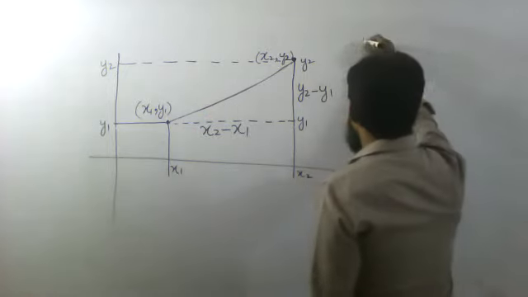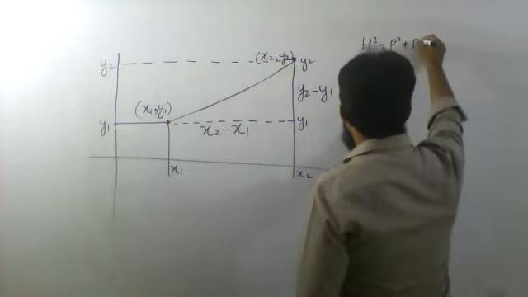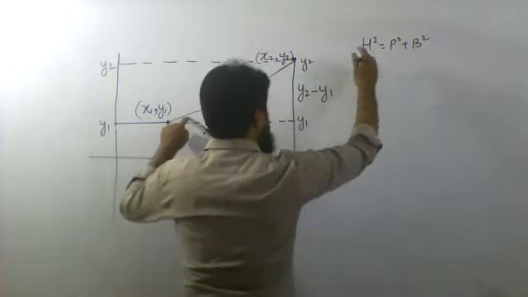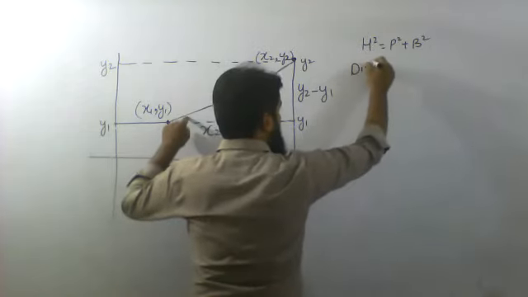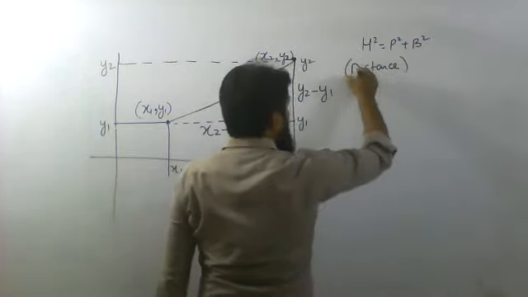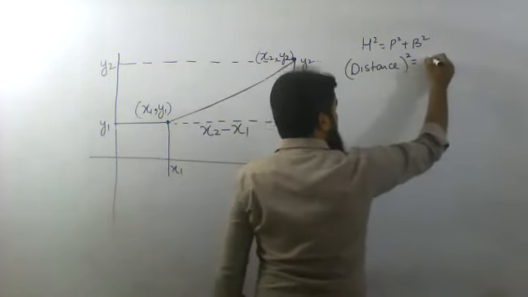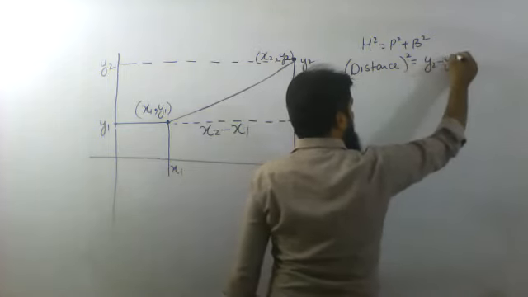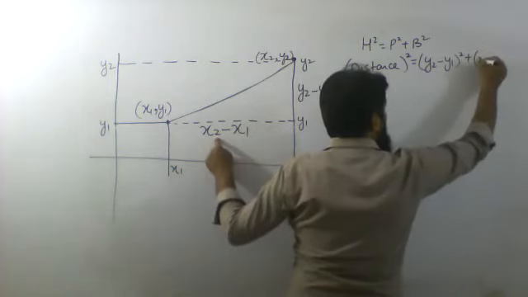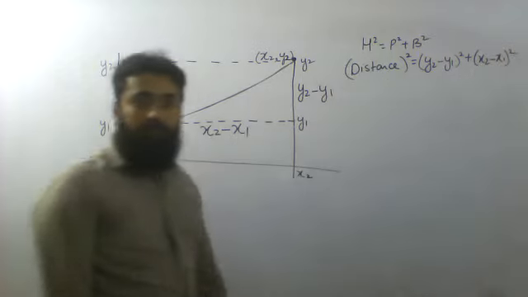We know that it's a right angle triangle, so hypotenuse square equals perpendicular square plus base square. The hypotenuse is the distance between these 2 points. Distance square equals perpendicular (y2 minus y1) whole square plus base (x2 minus x1) whole square.